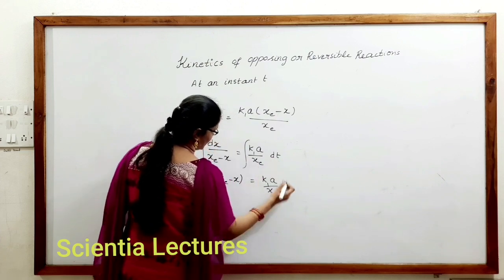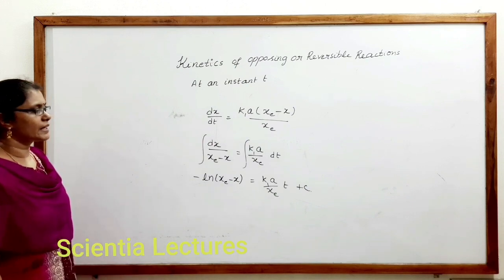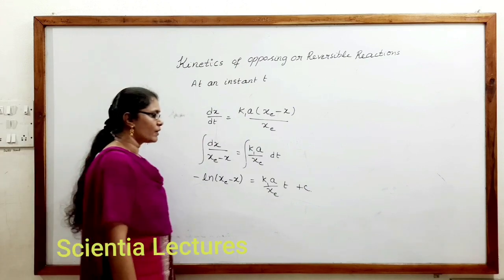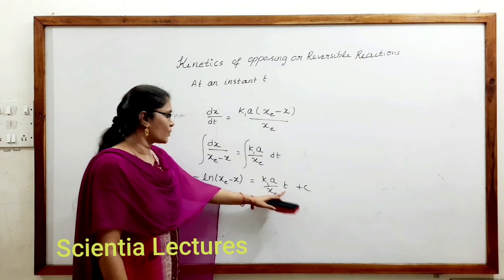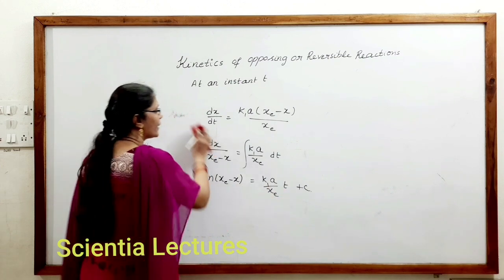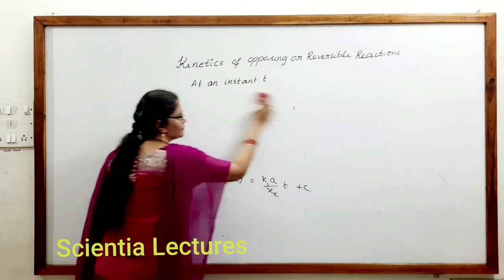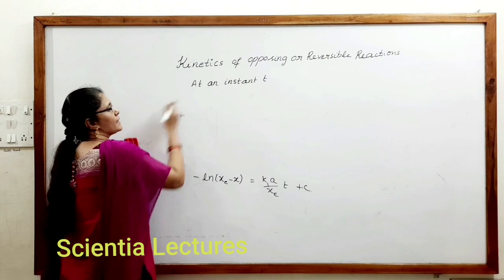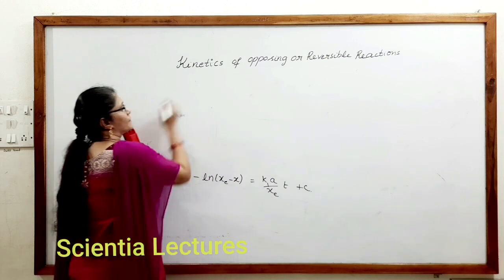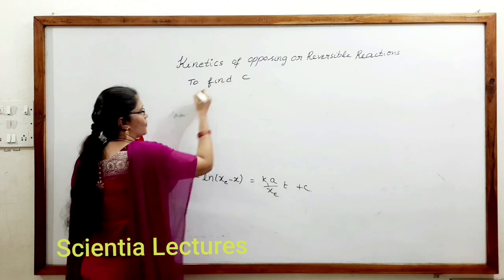Integral of dt is t plus c. How to find out the c? Generally, c can be found at t equal to 0, where the reactant amount will be equal to 0. And then substitute the c in this equation. To find c, what we will do?